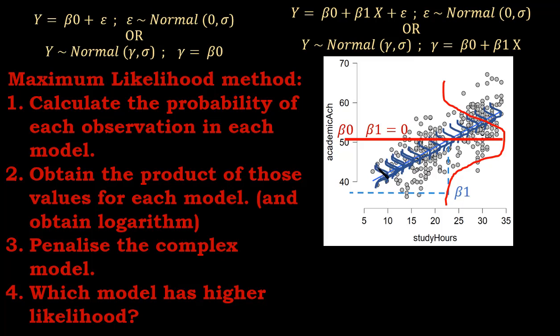Now, the complex model, instead of having one normal distribution, has an infinite number of normal distributions. For each x value, the mean is given by the line.